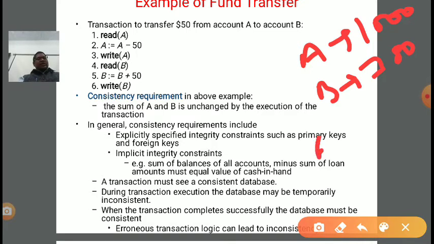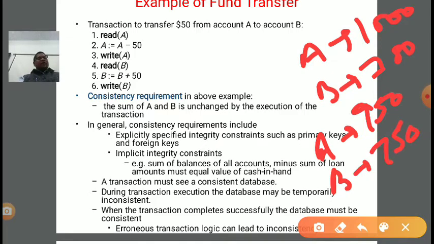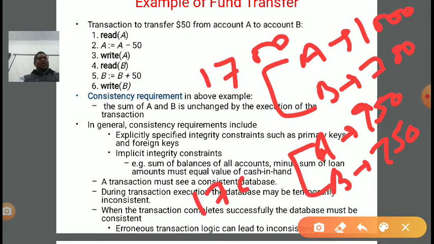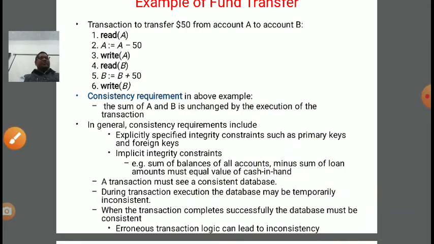After the transaction, A was 950 and B was 750. If you add A plus B, before the transaction the value is 1700, and after the transaction the value is 1700. In both cases the value is the same, right? So this transaction is maintaining the consistency requirement.